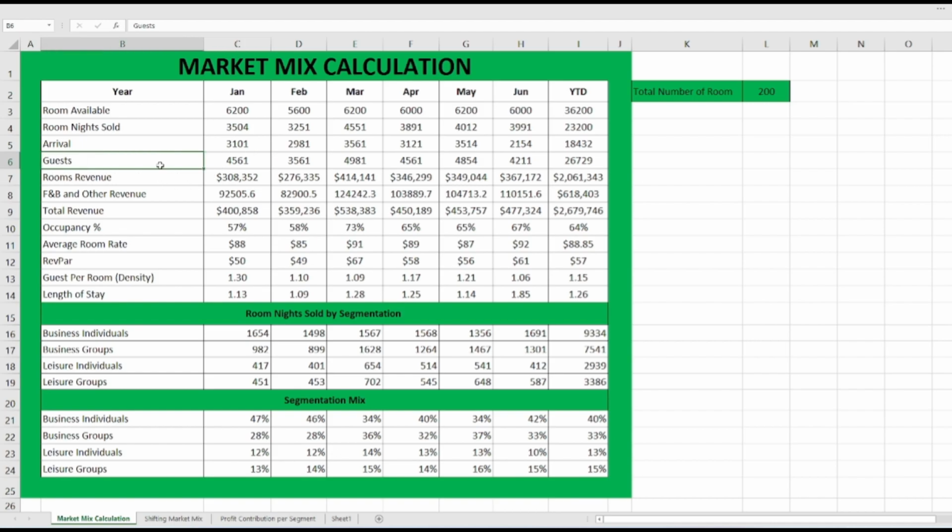In this market mix calculation slide, we learned how to find the market segment mix, how to calculate room occupancy, average room rate, RevPAR, density of guests per room, and the length of stay.